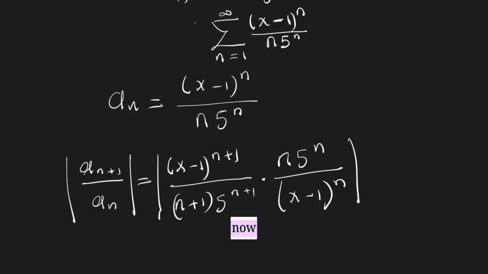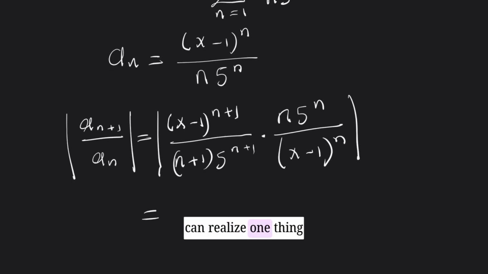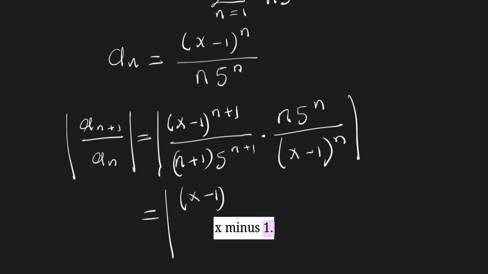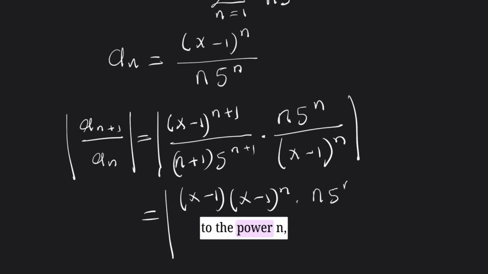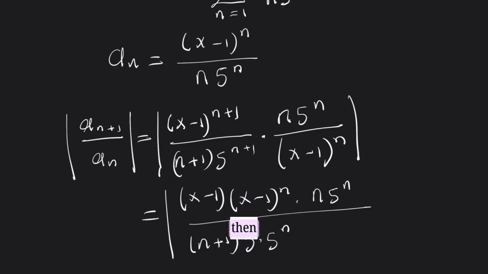Now you can realize one thing, that I can write this as x minus 1 multiplied by (x minus 1) to the power n, then n times 5 to the power n, divided by n plus 1, then 5 multiplied by 5 to the power n, then (x minus 1) to the power n.